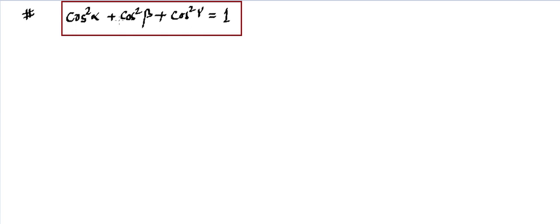Right. Then there will be a point to prove it, so we can quickly prove it. Proving is going to be very easy. We can basically verify it by writing the left hand side. We know cos alpha from the previous expression, so cos square alpha will become x square divided by x square plus y square plus z square.